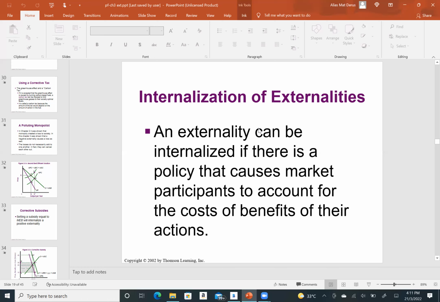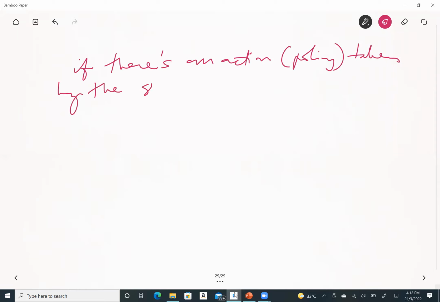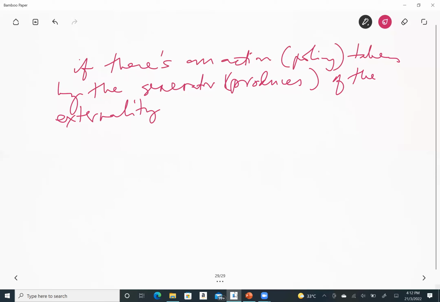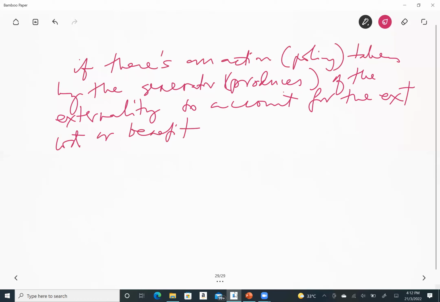So if I write here, you internalize if there is an action, very general, or policy, taken by the generator or the producer of the activity, to account for the external cost or benefit into the decision.